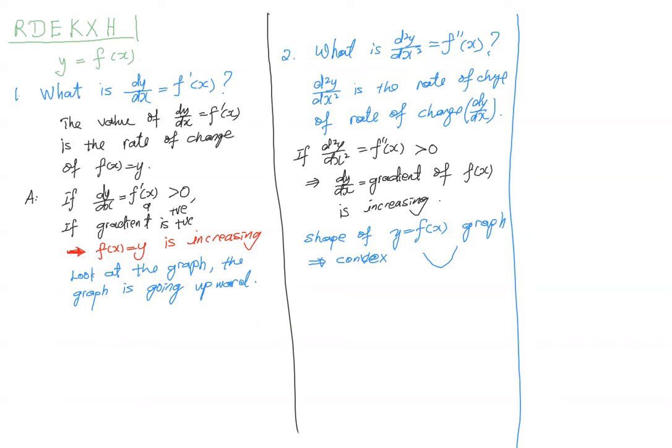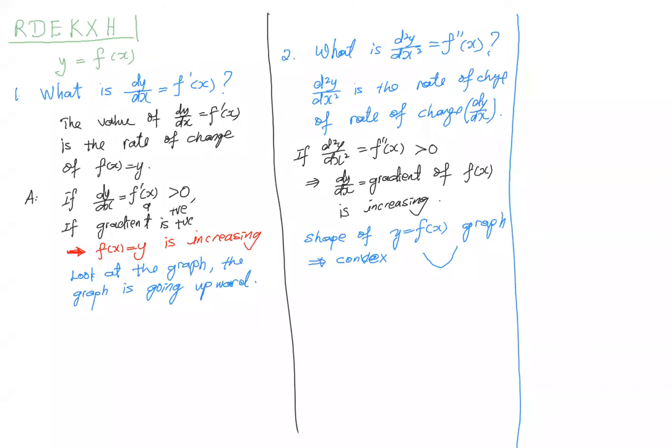So you have to go to your textbook and check, because in 2021 they came out with a question. They didn't say convex, they said concave downward. So please go and check the similar terms. Are you clear?